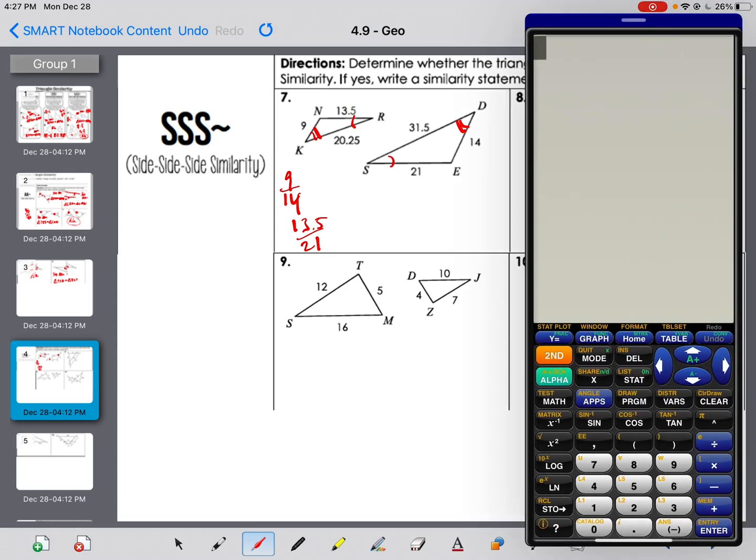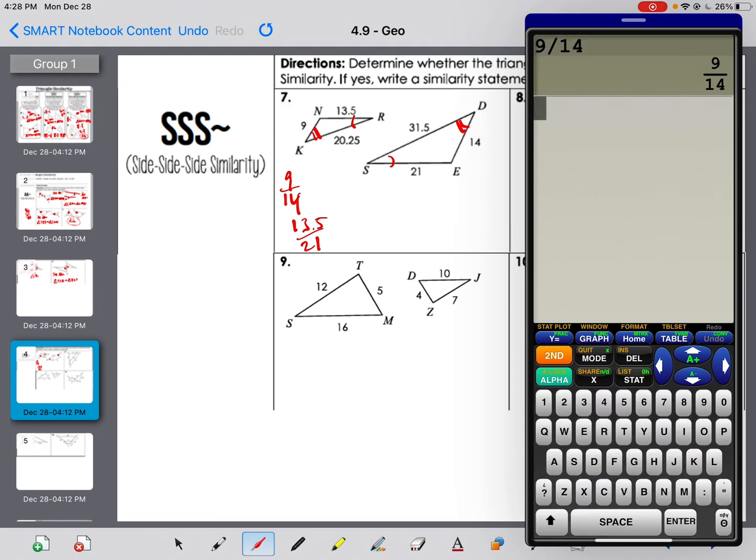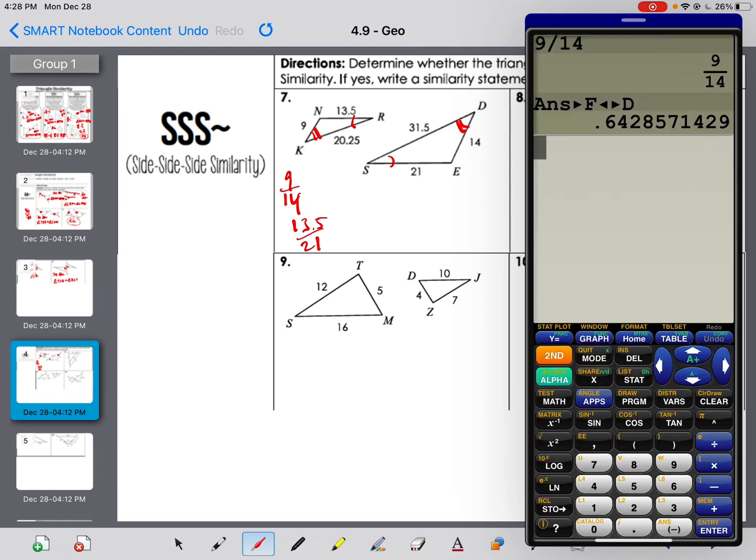So, let's make the shrinky. 9 divided by 14. Let's see, how do we get from 14 to 21?